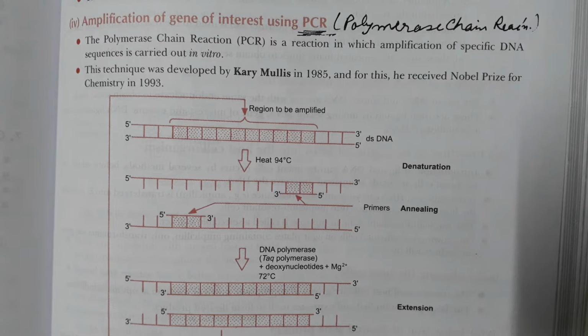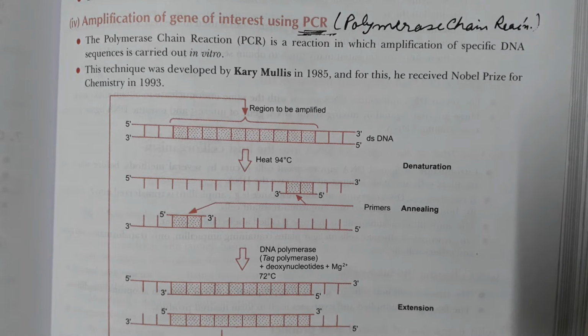What are the requirements for this process? First, the desired DNA sequence, which we want to amplify, acts as a DNA template. Second thing which is required is primers. What are primers?